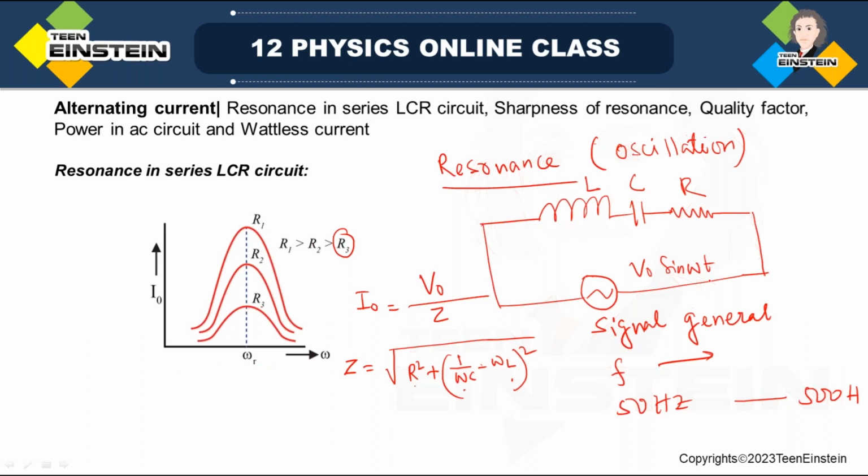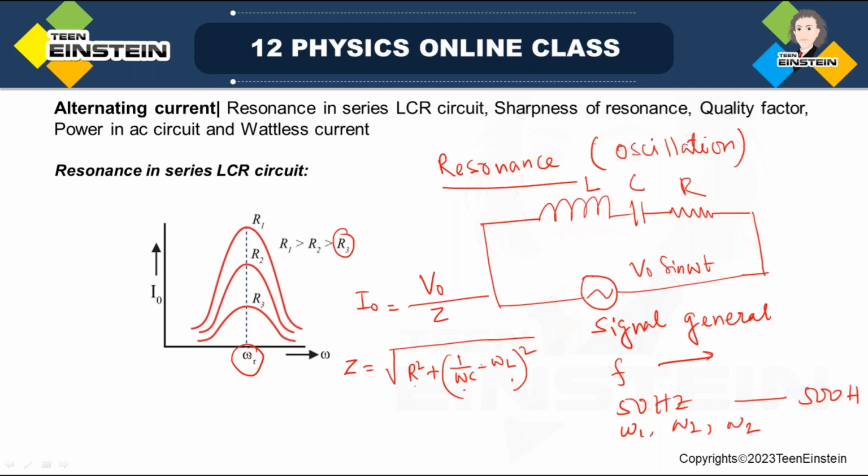Now see what I do: I use the signal generator and vary the frequency, omega 1, omega 2, omega 3, different frequencies, and see what the current is. At a certain point, let us say the frequency is omega r, we see the amplitude of the current is maximum, showing a peak.